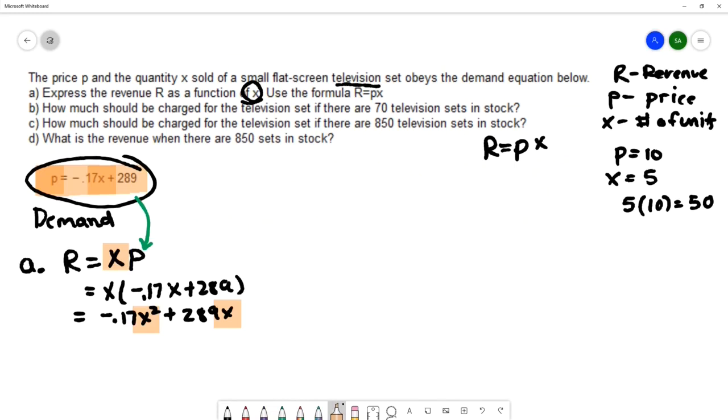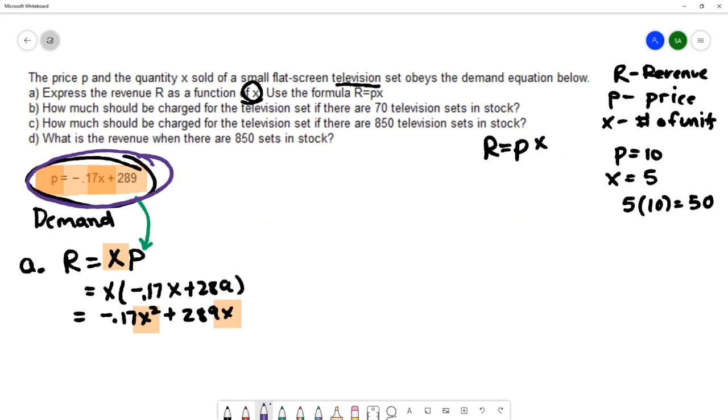So going on to part B, how much should be charged? How much should be charged is the price. How much should be charged for the television set if there are 70 televisions in stock? To answer this question, I'm going to use the demand equation again.